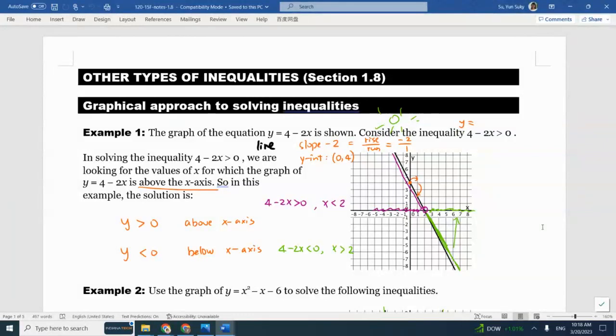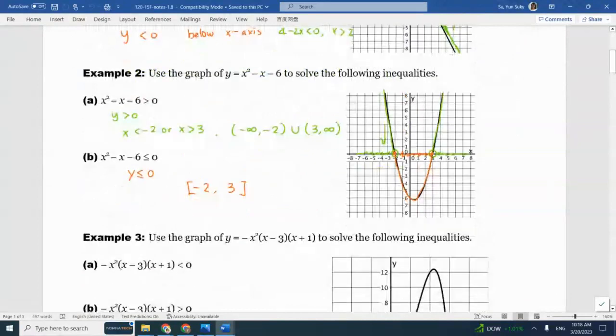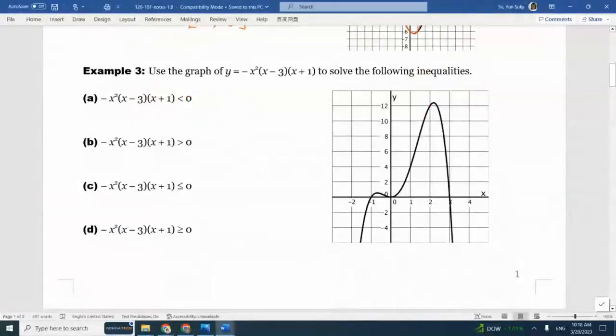The shadow is right here, from negative infinity up to 2, but you don't include the endpoint, because you're talking about y is positive. So it's above the x-axis. We don't include the endpoint. Do you remember that, everybody? Yes. Greater than 0 is above the x-axis. Less than 0 is below the x-axis, right? And then last time we did example 2. And now let's look at example 3.